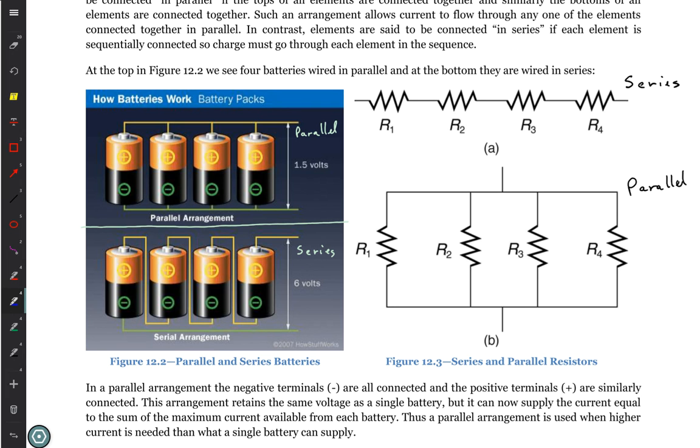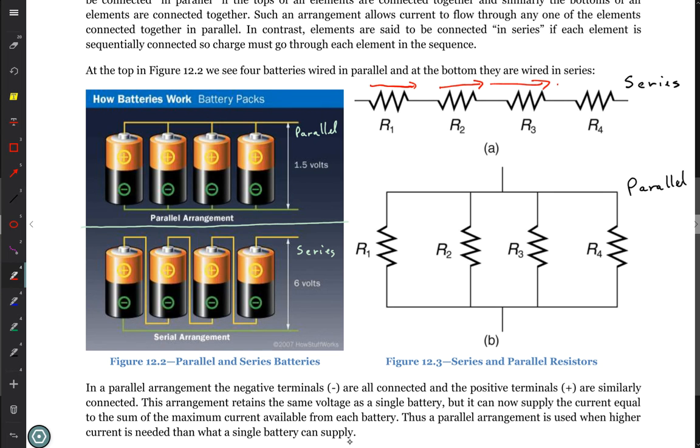So series, as I said earlier, they're all connected one to another. So if I have current flowing, current that goes through resistor 1 has no other pathway but to continue going through resistor 2 and so on. So those are connected in series. Parallel, I have current that comes in here and it can split and go this way or this way or this way or this way.